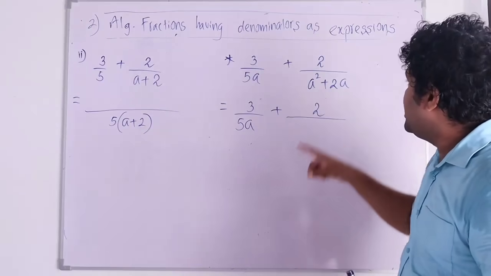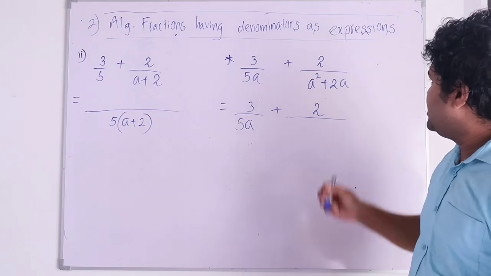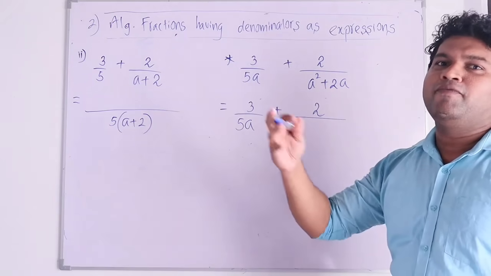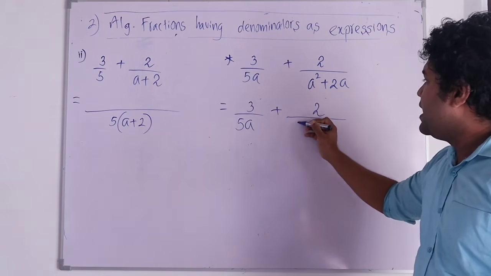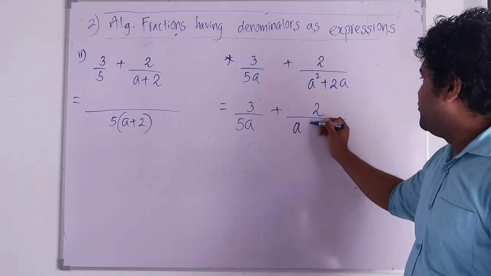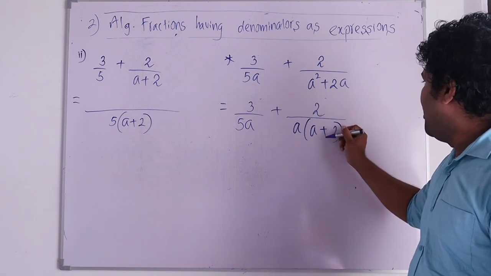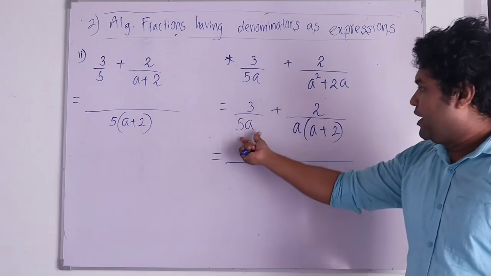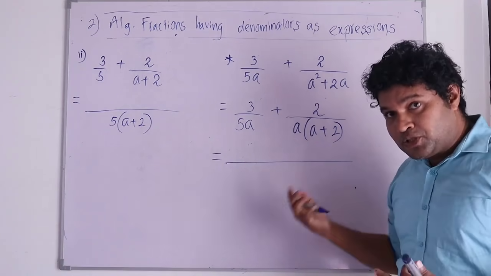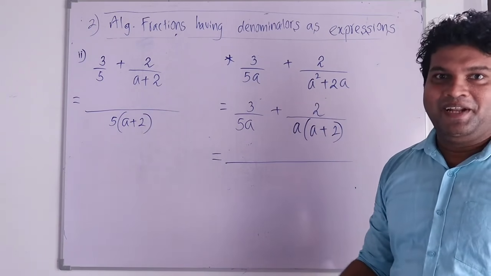How to change the denominator? Having the factors, what's the common factor in a square and 2a? A is the common factor. Therefore, a plus 2. Now all the denominators, 5a as well as a plus 2, are non-factorable.